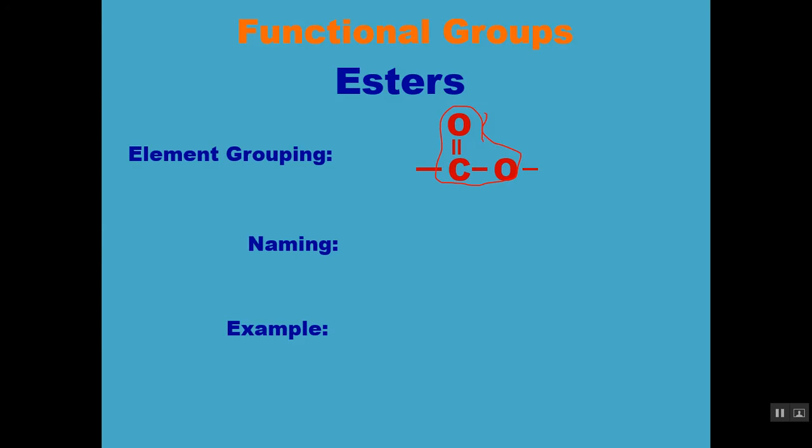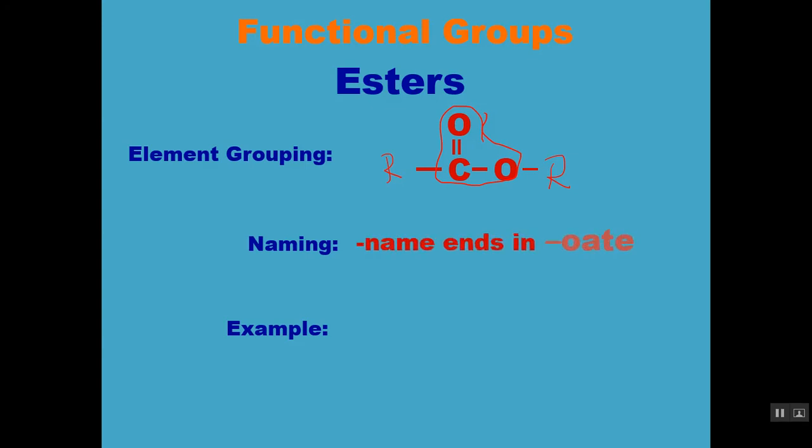The only difference with the esters is that we actually will see a functional group, or a carbon group, on each end. So instead of it being an OH that's coming off of like the carboxylic acid, in an ester, that O will have another hydrocarbon group attached to it.